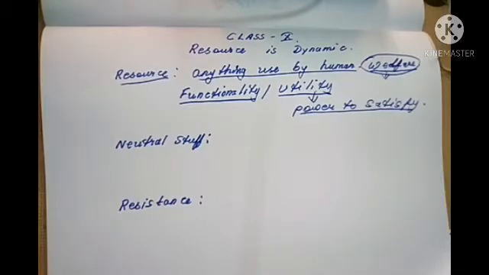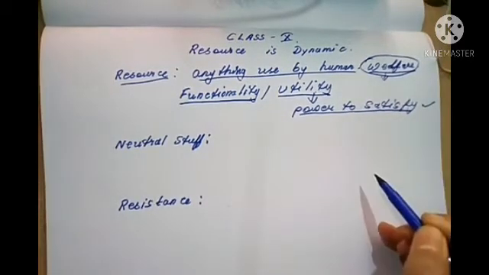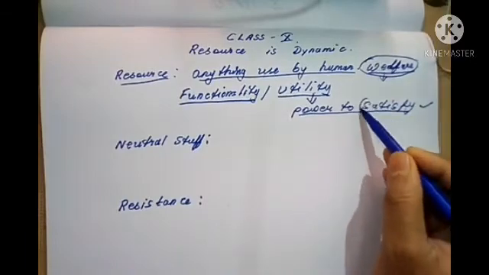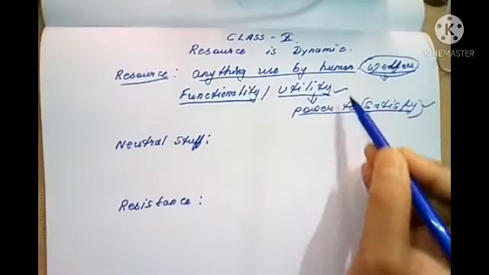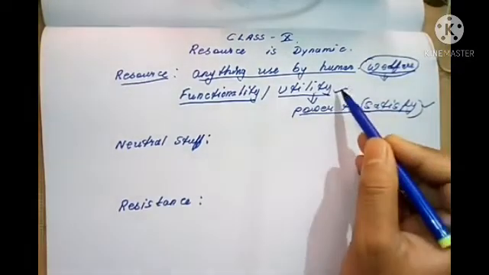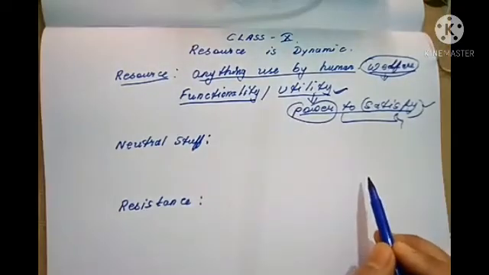But the second person will go again to the second shop, because he found the apples sweeter. If he is satisfied and goes again to the market, that satisfaction is the utility of apples, and utility is the power to satisfy human wants.